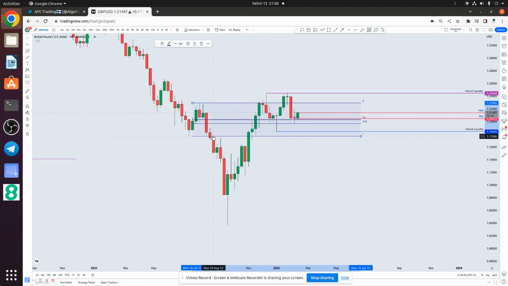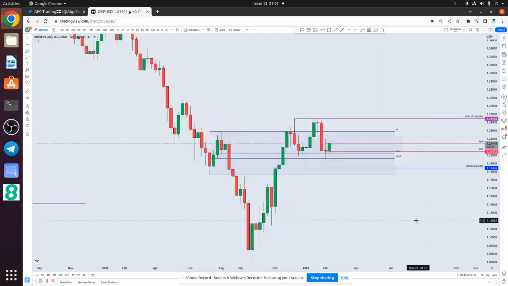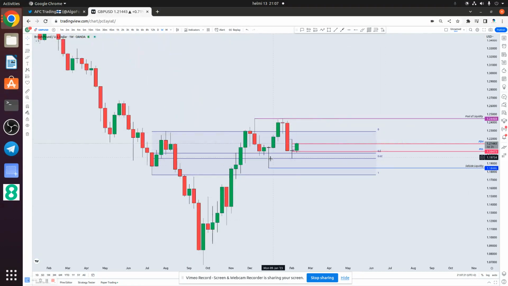mitigation block, of which once price has taken out this mitigation block, it becomes a breaker block. A breaker block, a breaker structure, is the same thing. A breaker block doesn't have to be a single candle, it can be a structure. And I say that on the weekly time frame, we've had several rejections.